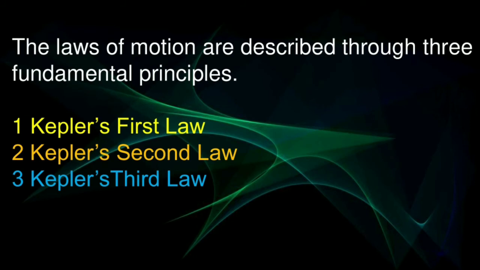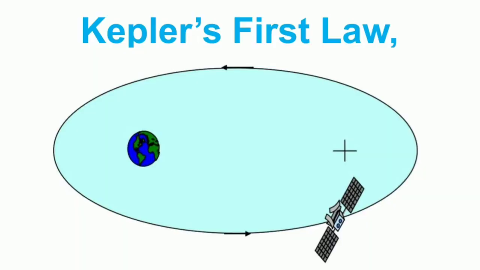The laws of motion are described through three fundamental principles: Kepler's first law, Kepler's second law, and Kepler's third law of planetary motion. Kepler's first law or law of orbit.